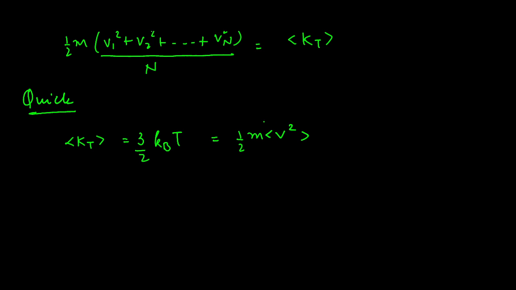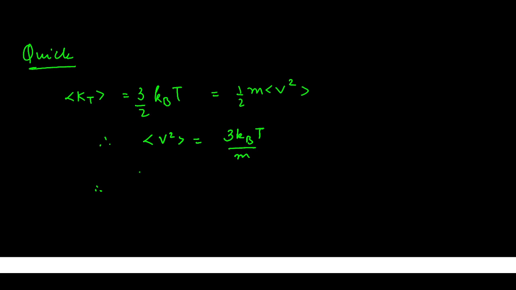Now I will ignore this thing, okay, and we will do calculations here. So I will get 2 to cancel, and I will get average of v square is equal to 3 kBT by small m. Now I will take square root on both sides.